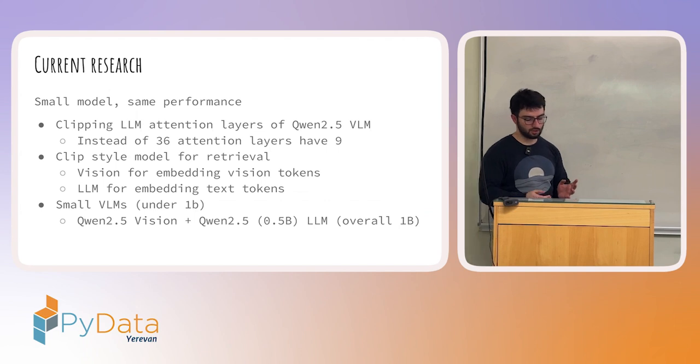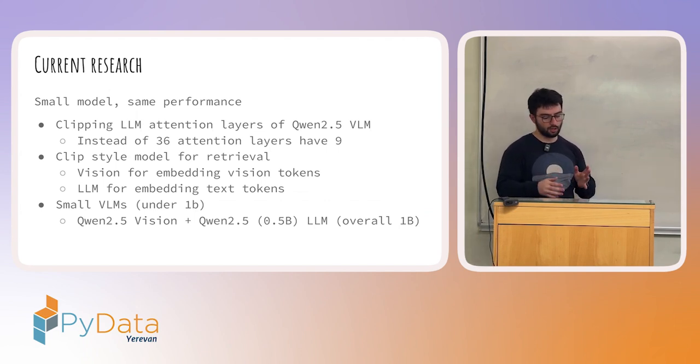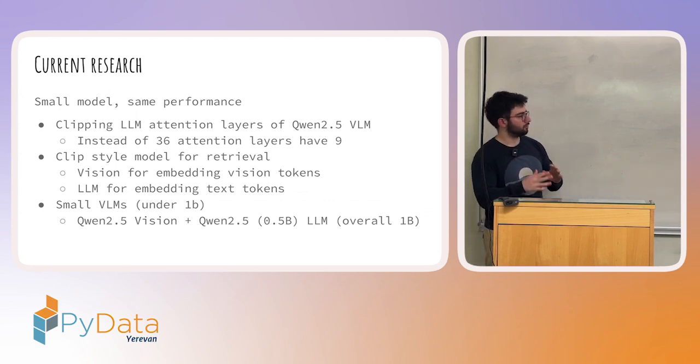Having this hypothesis, we clipped the last couple of attention layers from the LLM. So instead of having 36 attention layers, we clipped different numbers: 9, 18, and others.